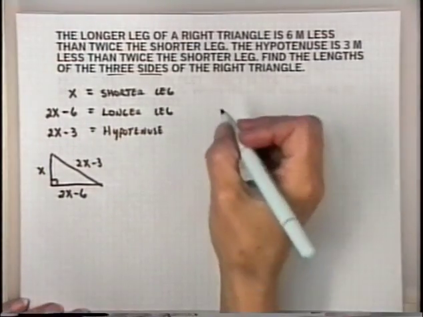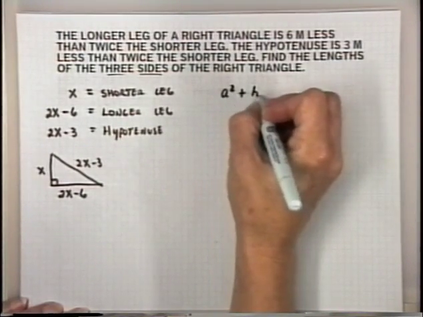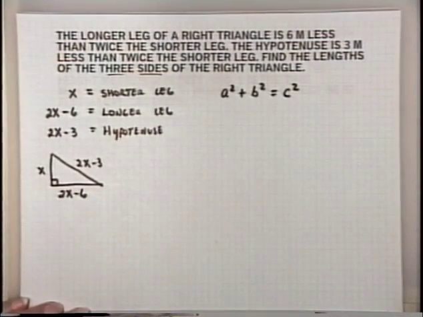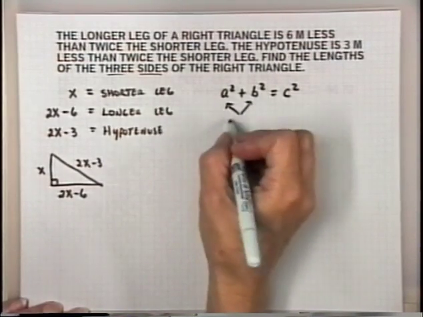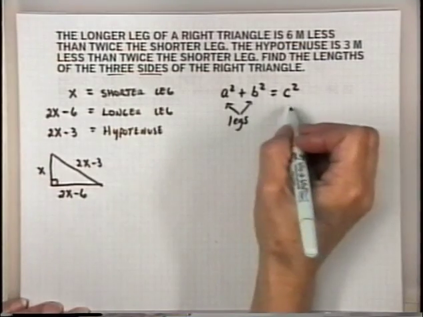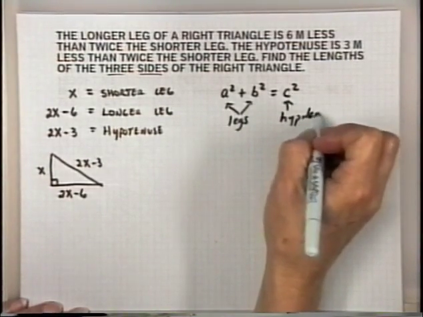The Pythagorean Theorem, most students remember, says something like a squared plus b squared equals c squared. Most students remember that formula, but it's also important to remember what A, B, and C represent. A and B represent the legs of the right triangle, and C is always the hypotenuse.